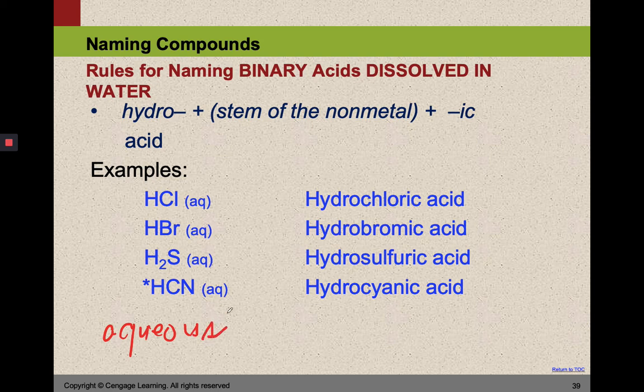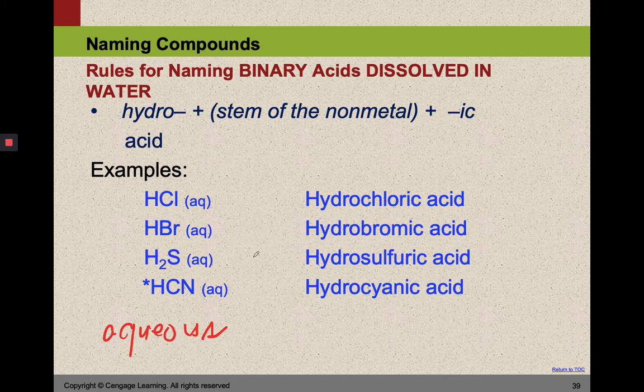When that happens, the way of naming changes. For binary acids dissolved in water, we use hydro plus the stem of the nonmetal plus ic acid. So for example, instead of hydrogen chloride, when we see this subscript AQ, we say hydrochloric acid, if it's mixed with water.